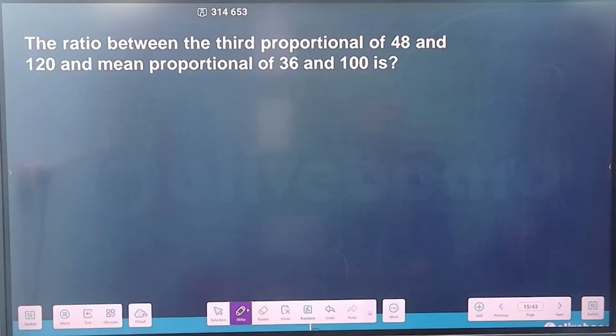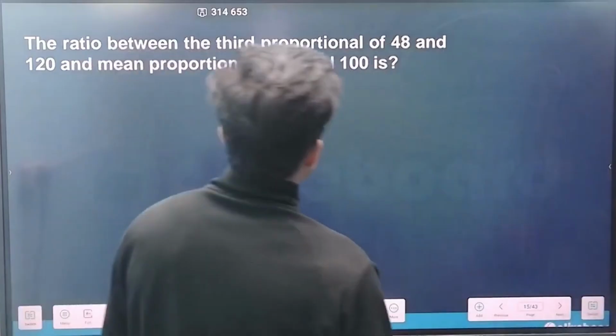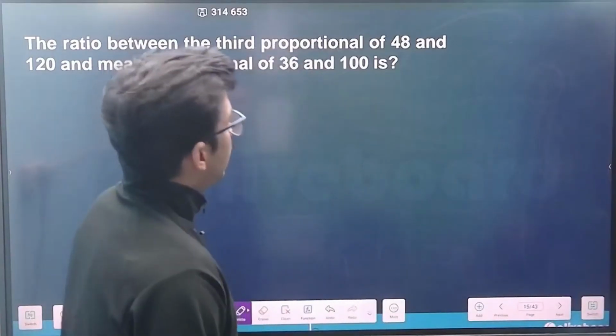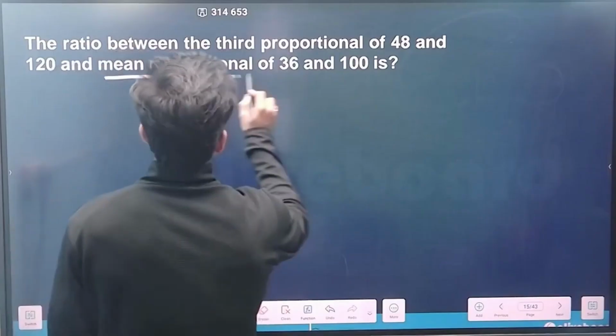The ratio between the third proportional of 48 and 20 and the mean proportional of 36 and 100 is what? First of all, you need to know the mean proportional, which is what?